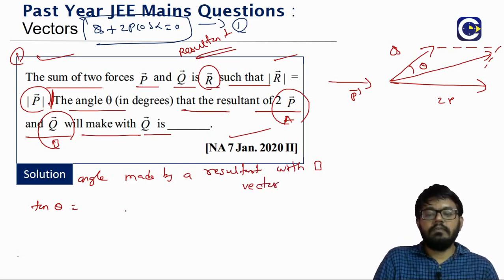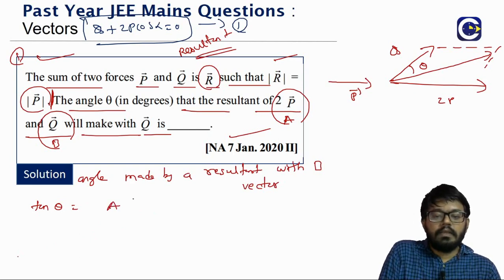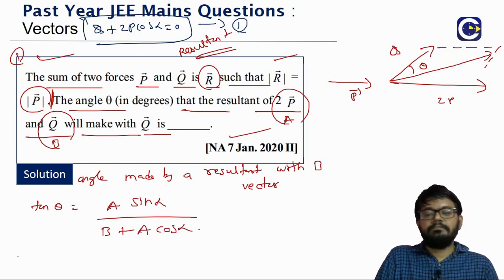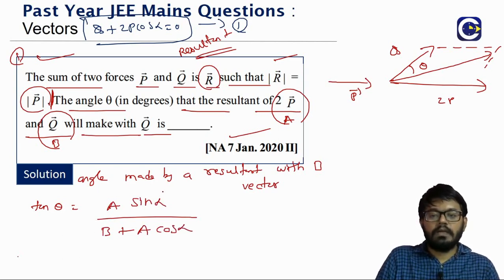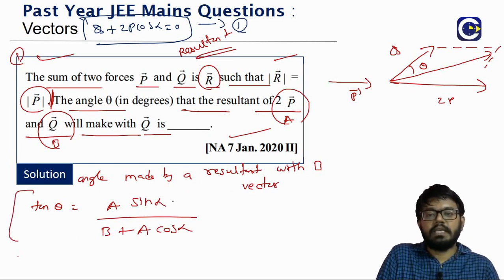That value will be A sin alpha by B plus A cos alpha, assuming the angle between A and B is alpha.